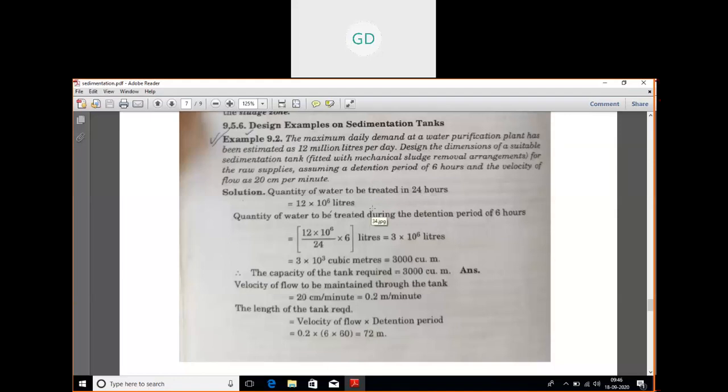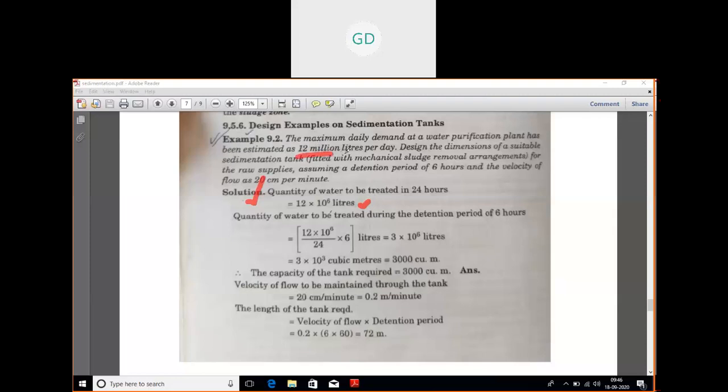So the quantity of water is given as 12 million liters. The maximum daily demand, or you can say the quantity of water to be treated in 24 hours, is given as 12 into 10 to the power 6, since it's written as million.